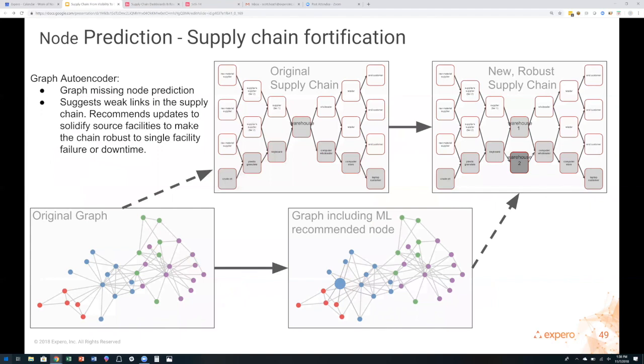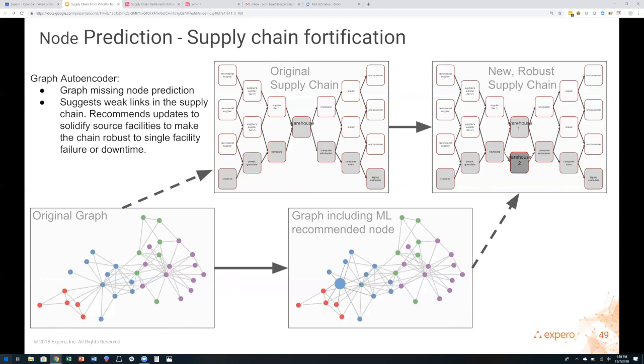Using graph machine learning based methods, we actually encode all of the information inside of your supply chain, both about the structural characteristics of the supply chain and the inventory characteristics at points in time. Remember, Scott showed you that time bar, that time series slider at the top of the demo.